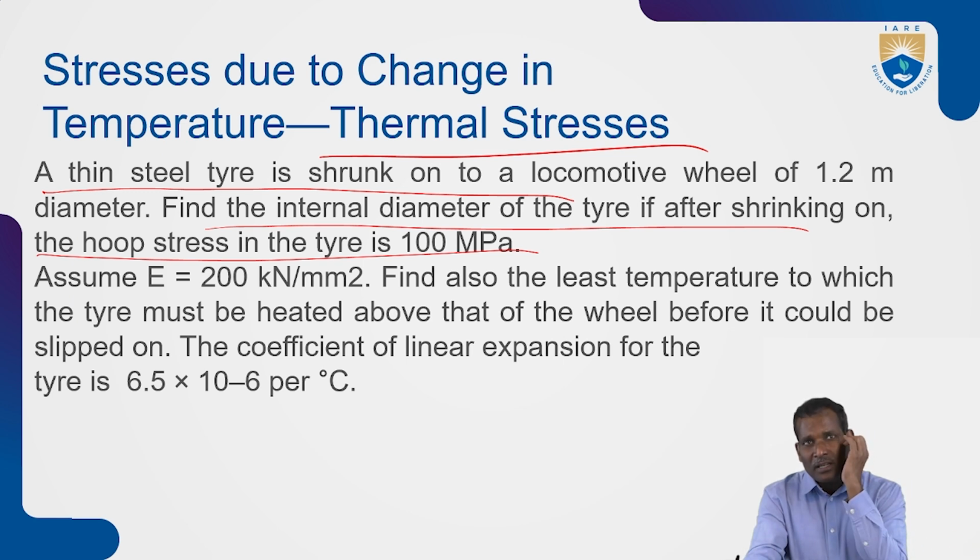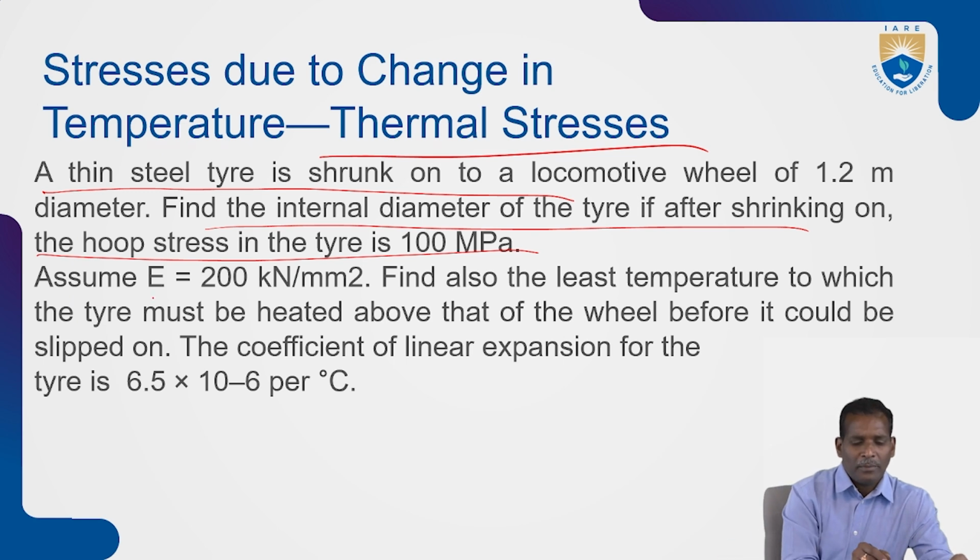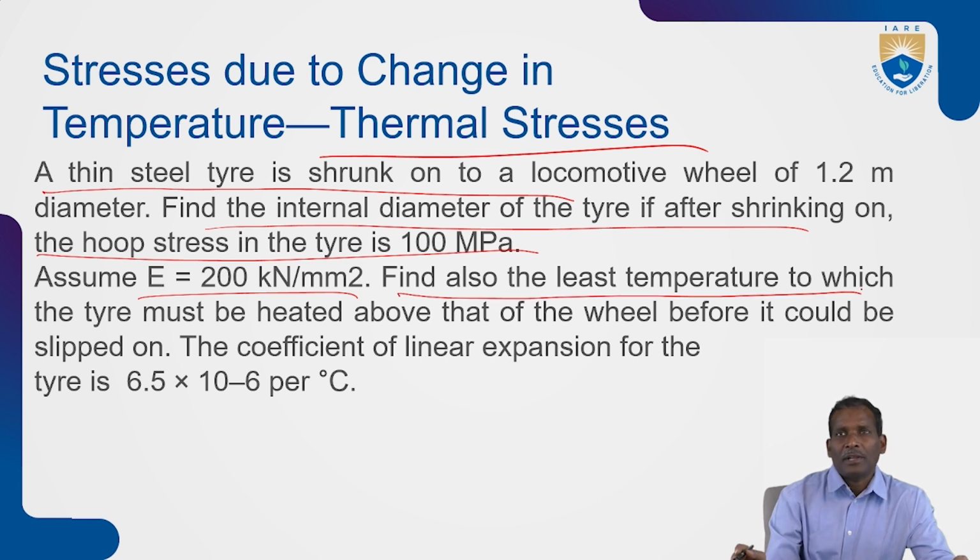Assume here the Young's modulus, or modulus of elasticity, is 200 kilonewton per mm square. What he has asked is, first, to find the internal diameter, that is small d, and also find the least temperature to which the tire must be heated above that of the wheel before it could be slipped on.